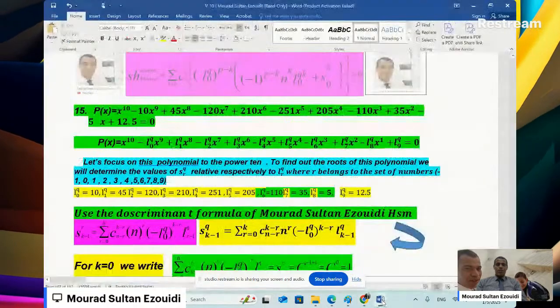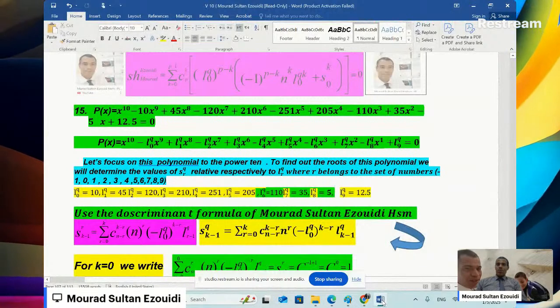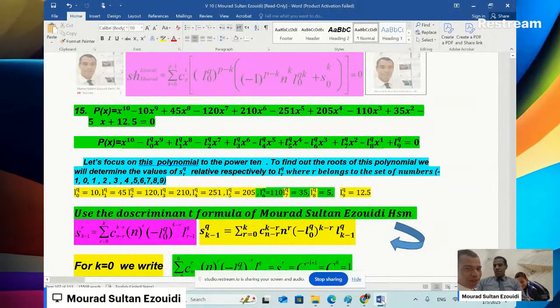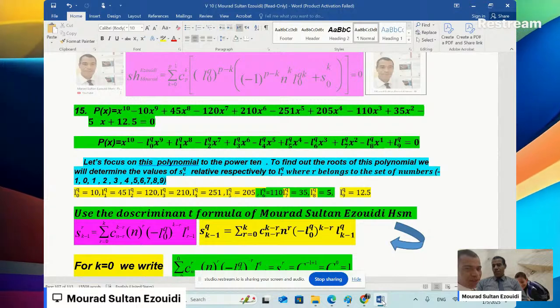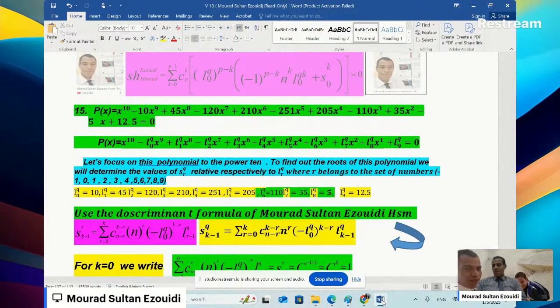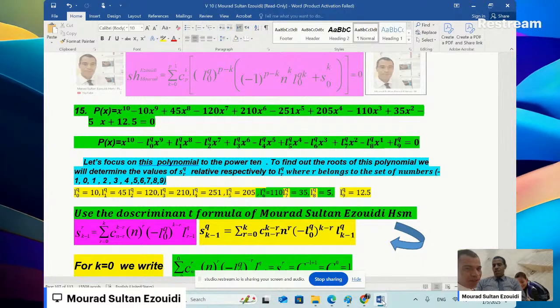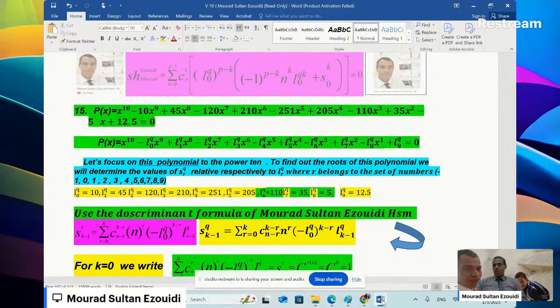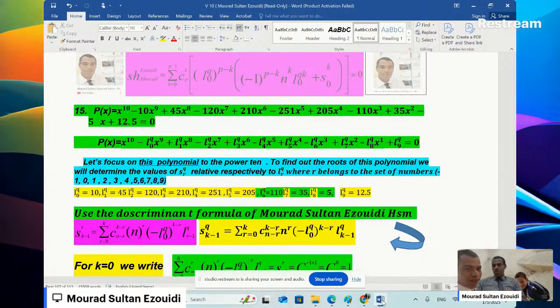This is our tenth-degree equation, but I'm going to change the coefficients of it, because this one we did before.